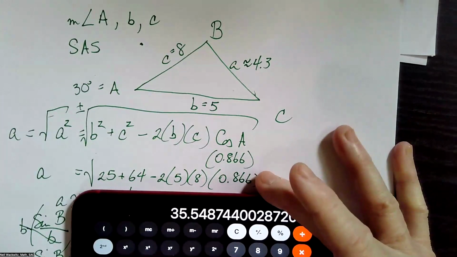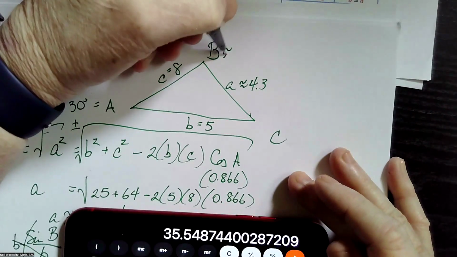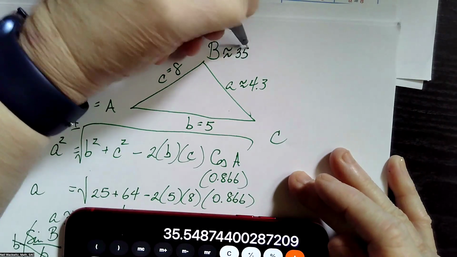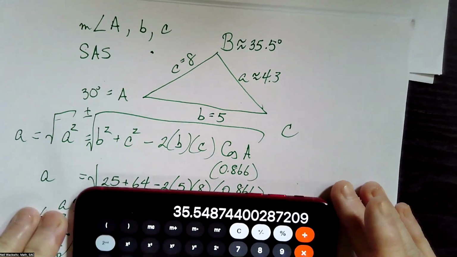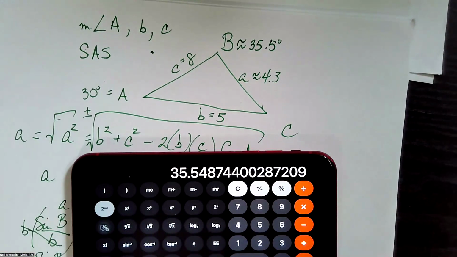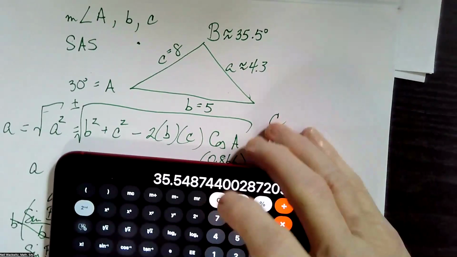And remember, we said that b should be a little bit larger than a. So b is approximately 35.5 degrees. Let's find C two ways. Again, let's add everything so that we know we get 180.